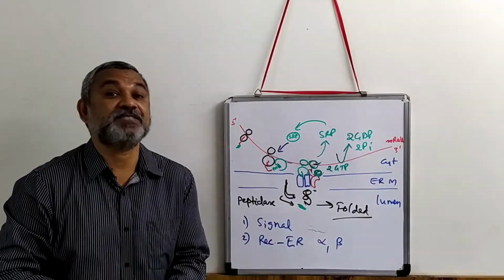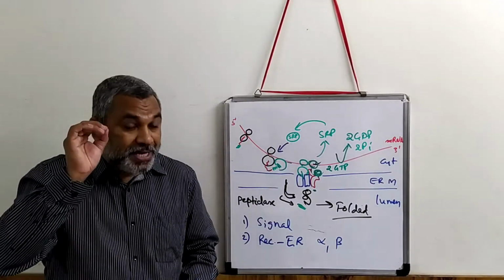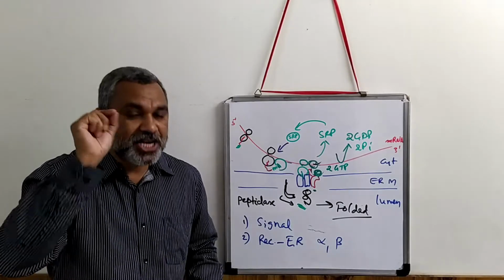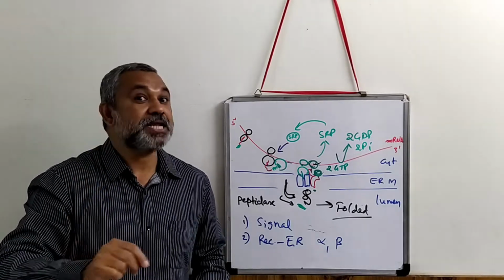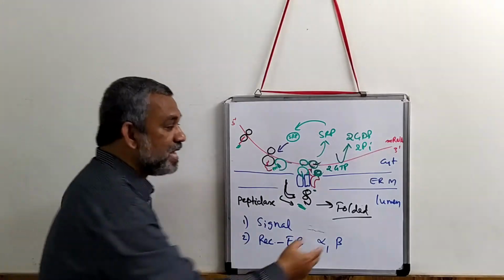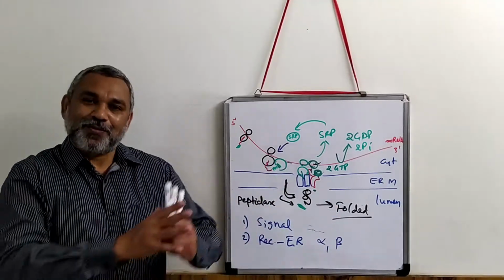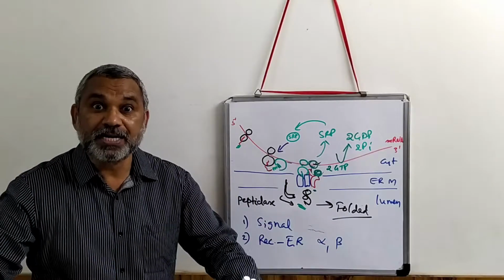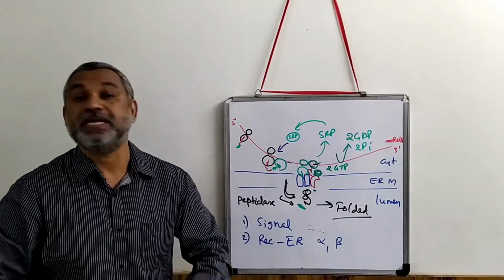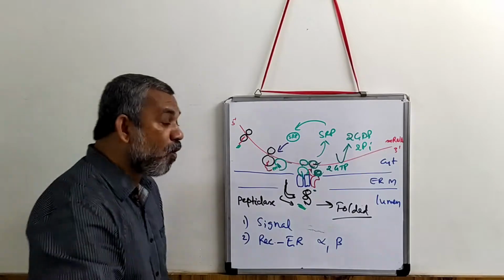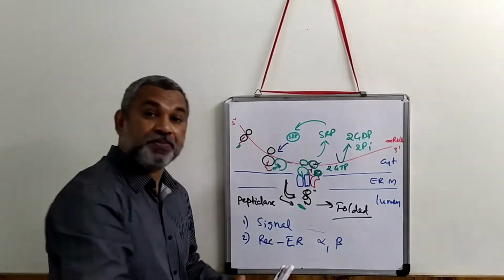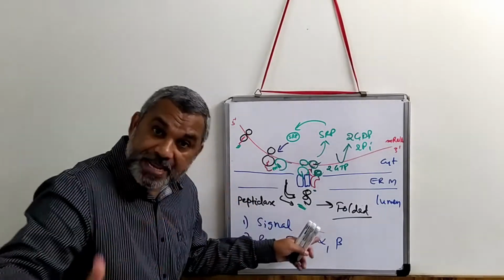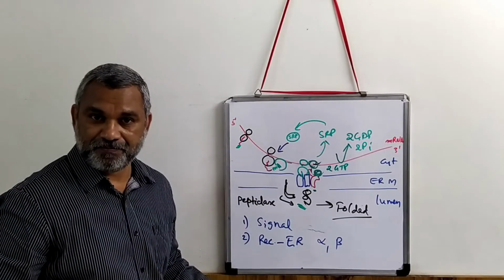In the beginning, we have seen that the complicated mechanism involves three things: one is identification, second is translocation, then the folding. So now we have brought the protein inside the lumen, it is folded, it is a functional protein, it can be secreted elsewhere, or transported to another place, or it can carry out its function in the lumen itself.